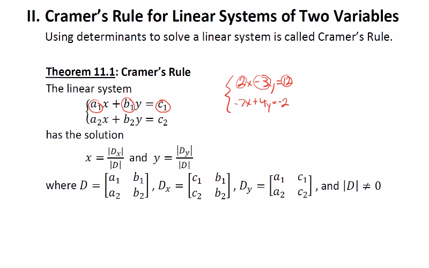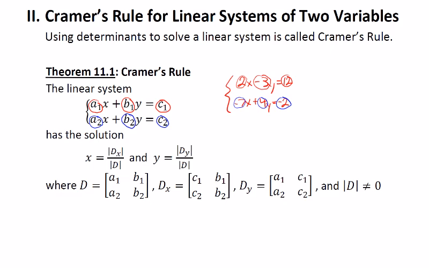Then, if I look at the second equation, I have an a2, b2, and c2, and those will be associated with the coefficients that go with the second equation. So all of your a's and b's are meant to represent a real number that will actually be a part of the system. So Cramer's rule just generalizes the idea that every single linear system with two variables will look something like this. And it also goes on to claim that there's a way to calculate the solution.